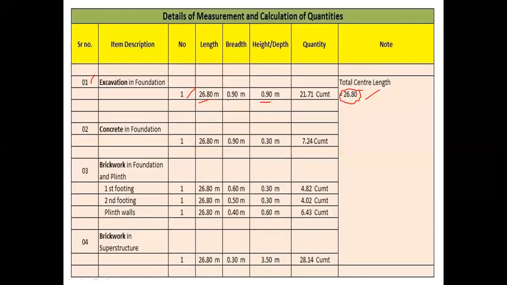So substituting the height for the excavation, multiply 26.80 into 0.9 into 0.9, that equals 21.71 cubic meters.